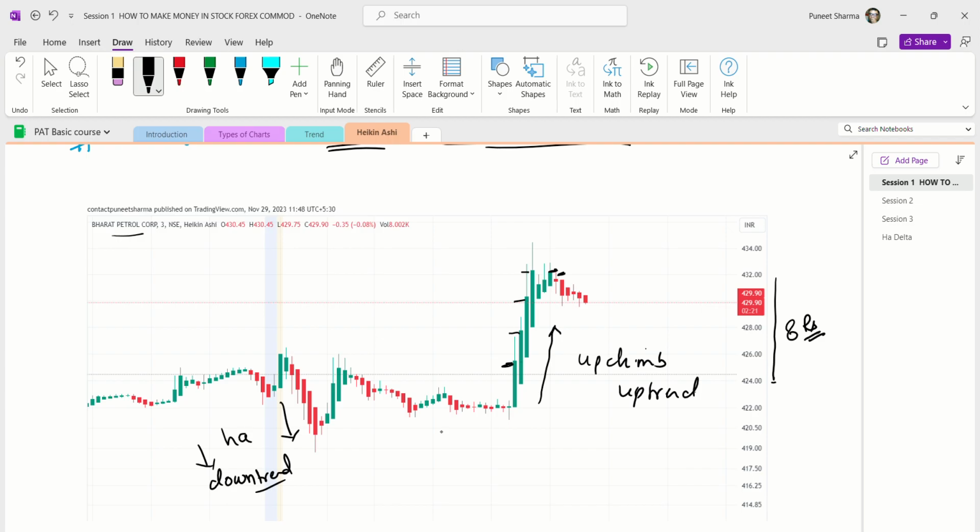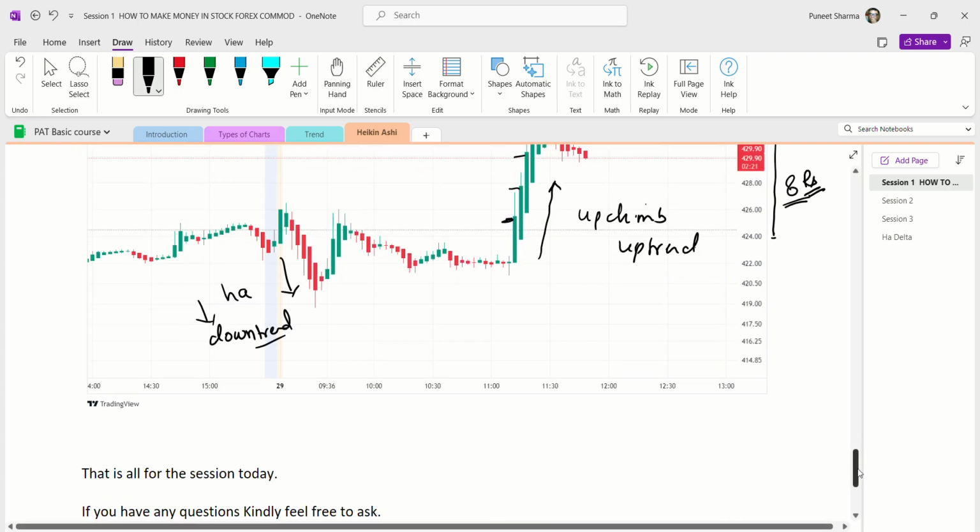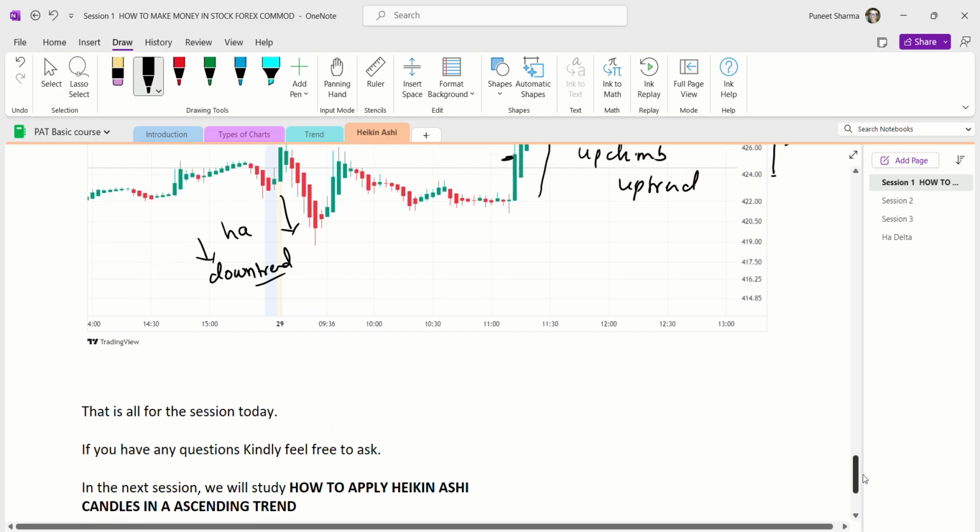It is a 3 minute chart. The 1, 2, 3, 4, 5, 6 and 7. 7 into 3 is 21 minutes, you would have made 8 rupees per stock. Is this bad? Not at all. And how clearly we can see it in a Heikin Ashi chart.